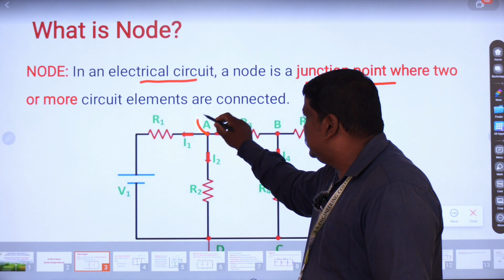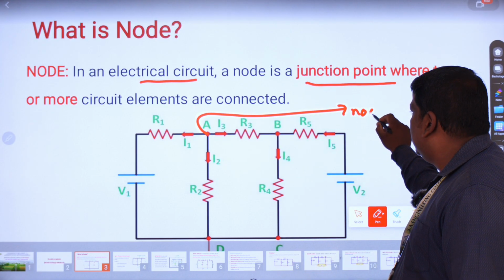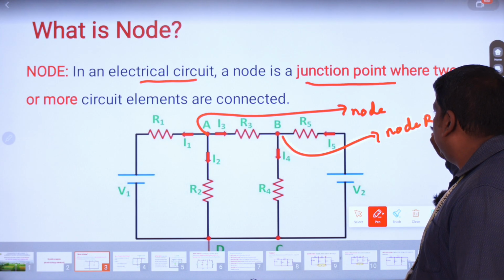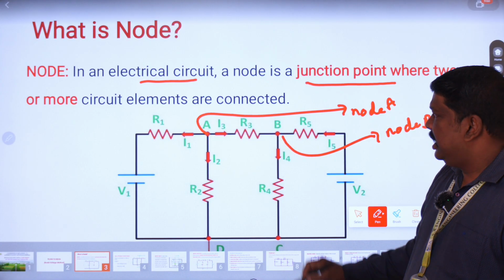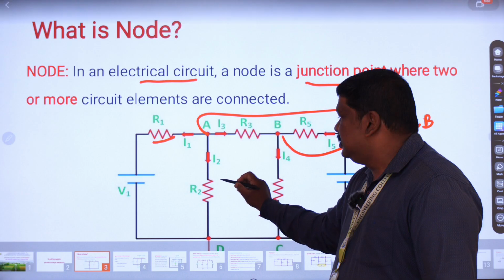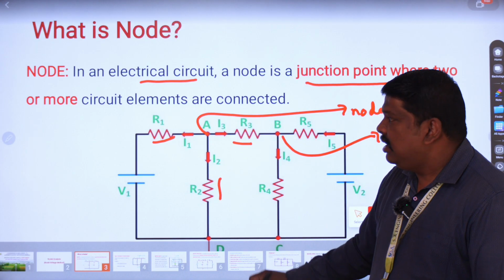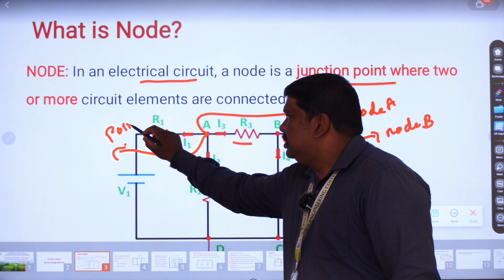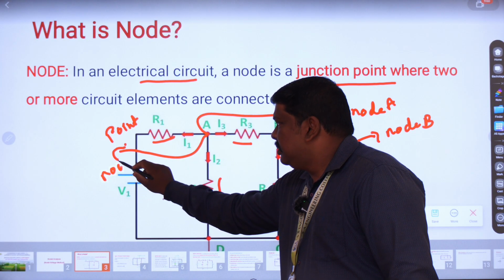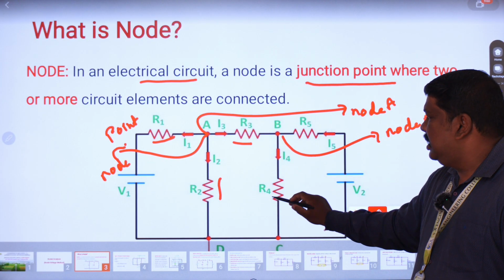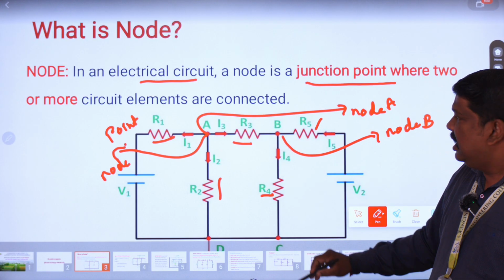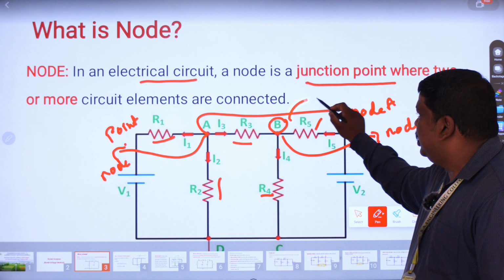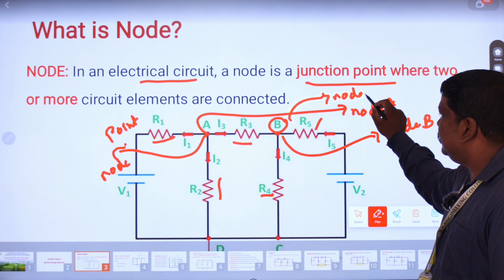That we represent as a node: node 1, as well as node B and node A. Resistances R1, R2 and R3 are connected at a common point. This point is called a node. Similarly, resistances R3, R4 and R5 are connected at the common point called B. This point is also represented as a node.